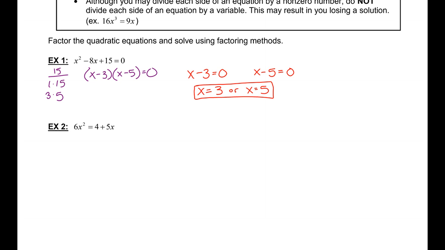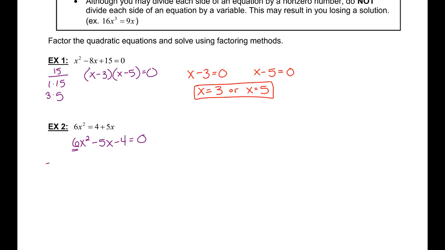We're going to do the same thing for example 2. I want to start by moving everything to one side of the equation, and I want my x squared term to be positive. So I'm going to move everything to the left side. Because my a term is something other than 1, I'm going to have to use the AC method and then factor by grouping.